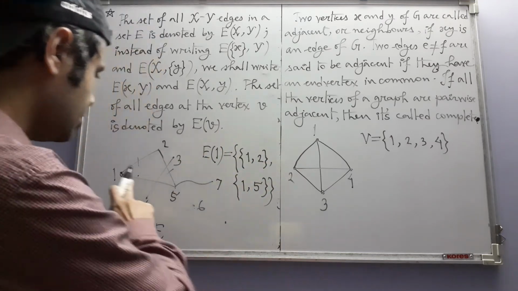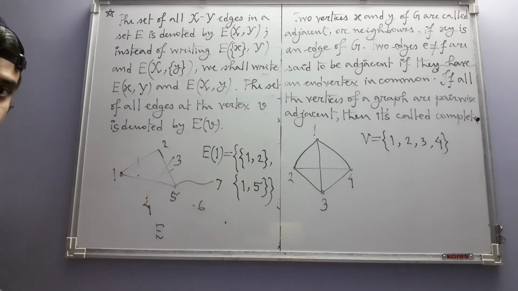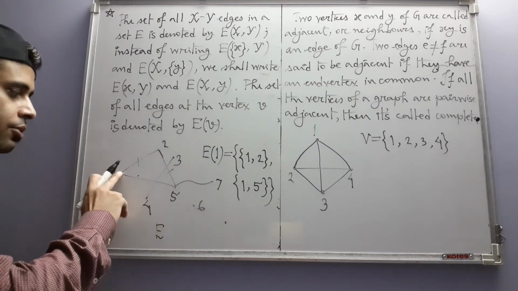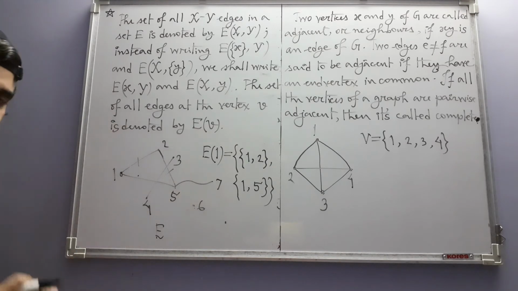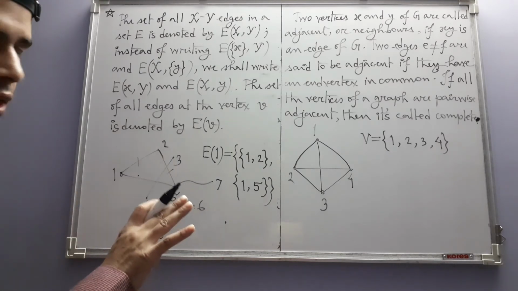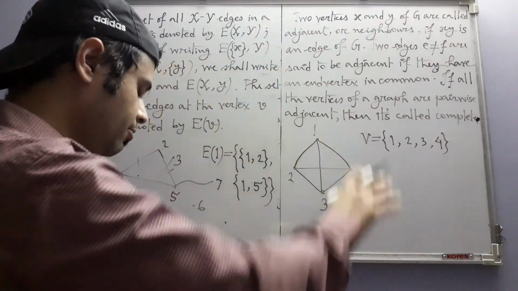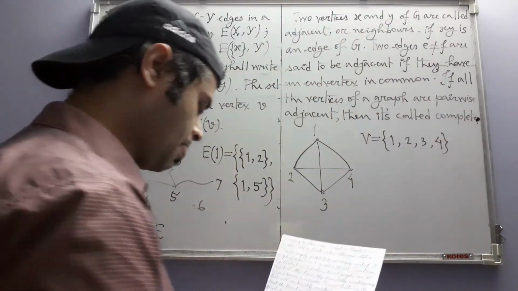This one is clearly not complete because here, for example, 1 and 7 are not adjacent. It can be made complete by putting additional edges that are missing. But in a complete graph, the number of edges is the maximum that is possible for that particular number of vertices.